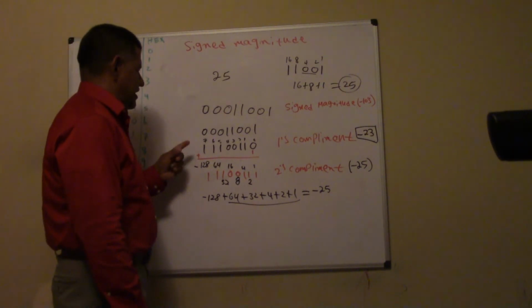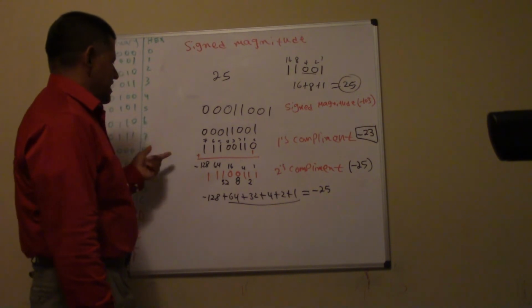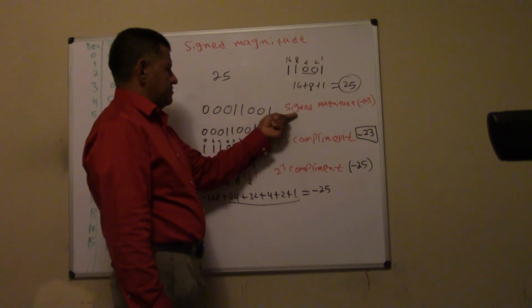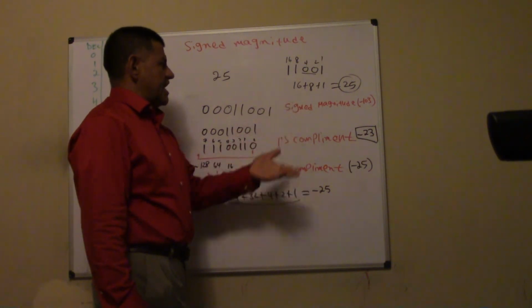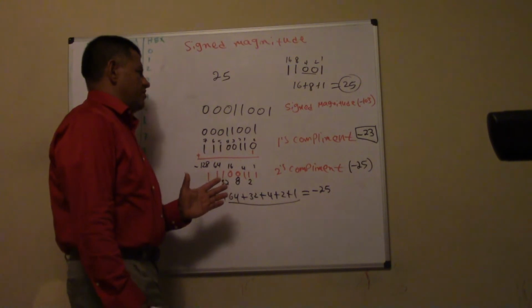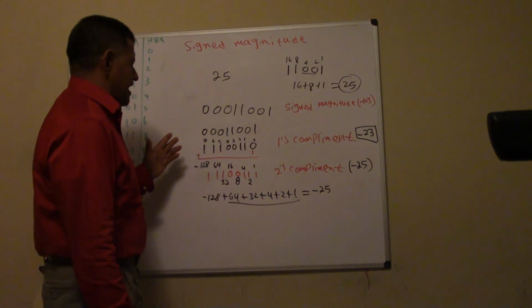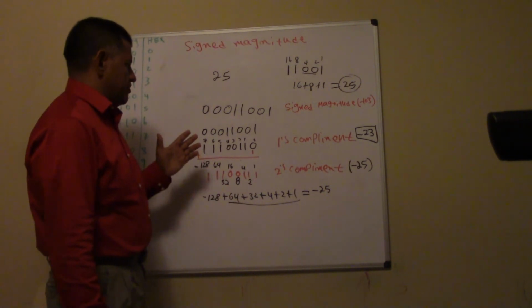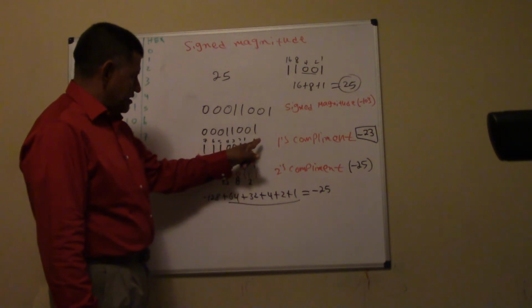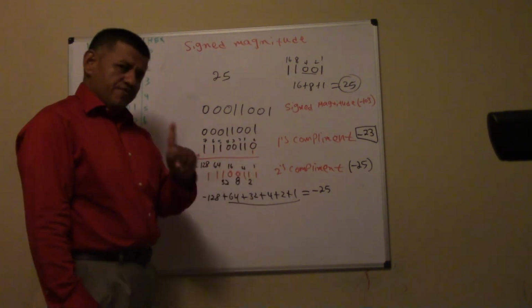Step 1, you can skip it, because this sign magnitude doesn't really tell you anything. It only tells you that you have a negative number, but it doesn't help too much. But these two steps, this and this, are very important.